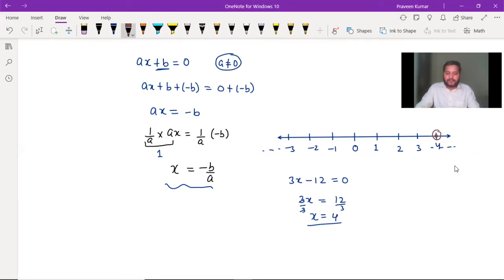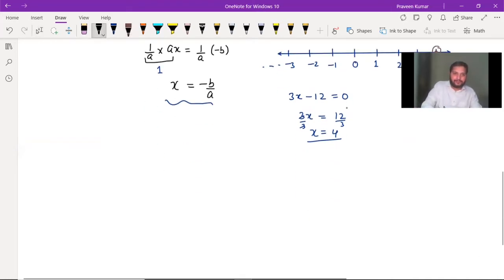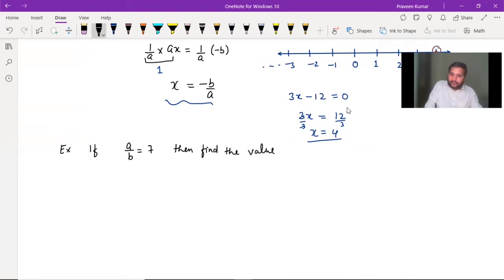Let us take one more example. If a by b is equal to 7, then find the value of 4 times b by a. How can we solve this?